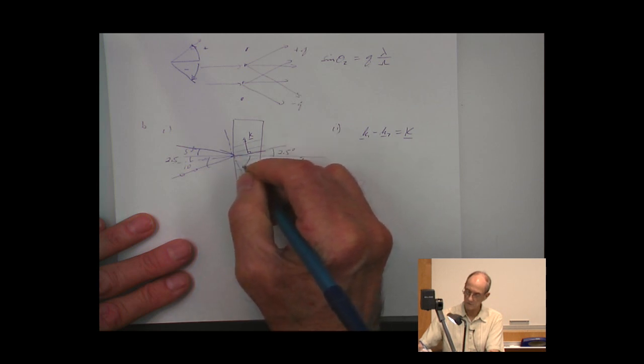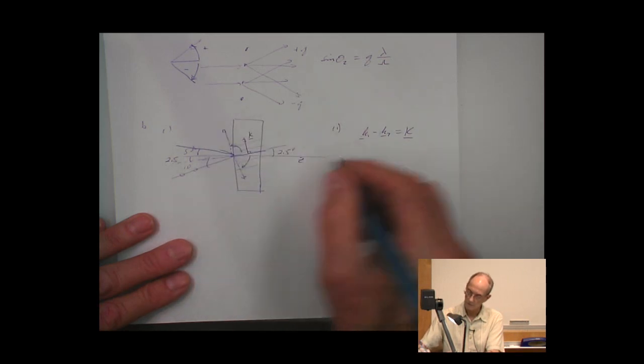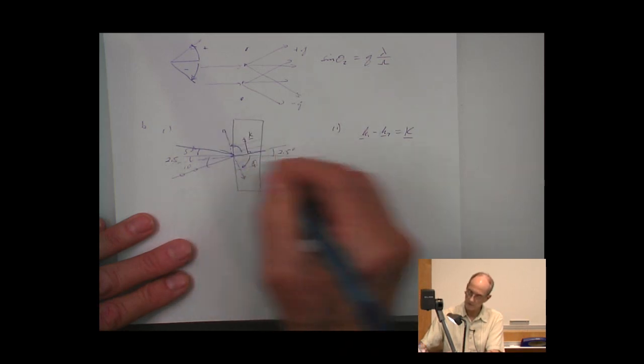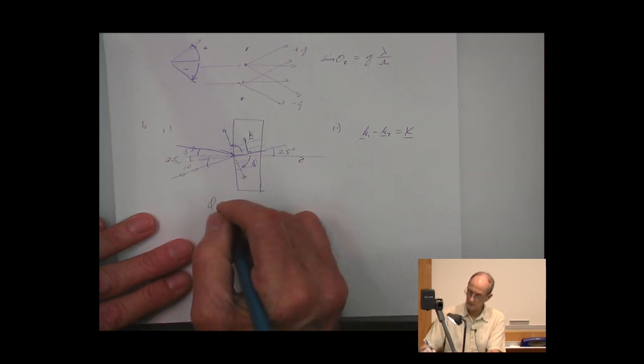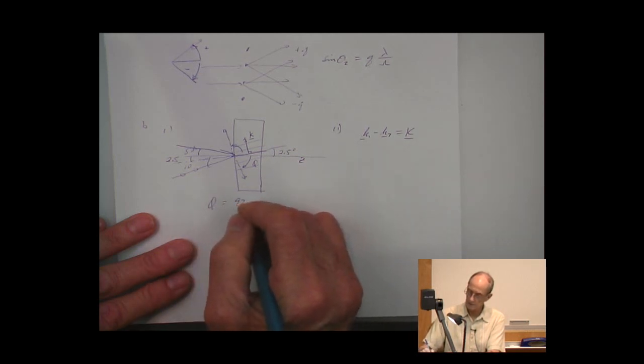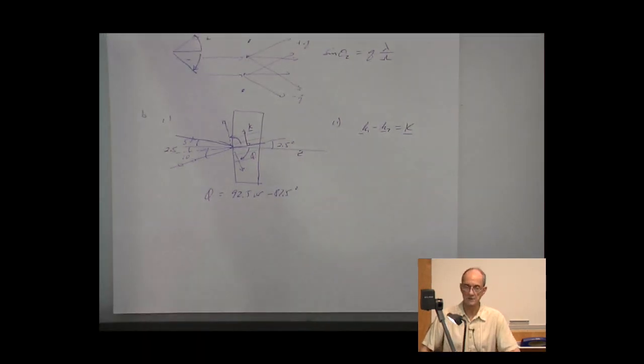So it could either be this way or it could be that way. Okay, so the angle phi that we have for that grading vector direction is either, again, 92.5 positively or minus 87.5 in a negative direction.